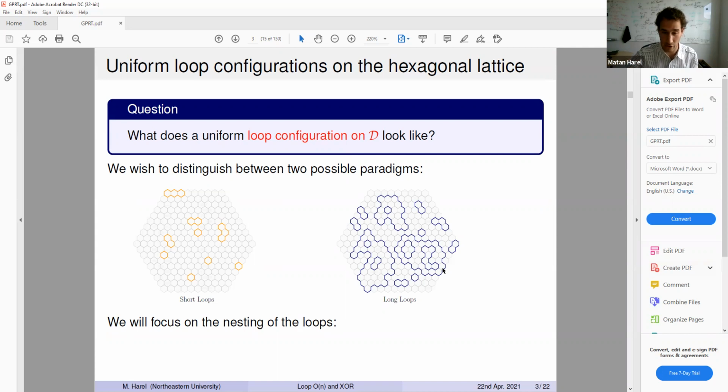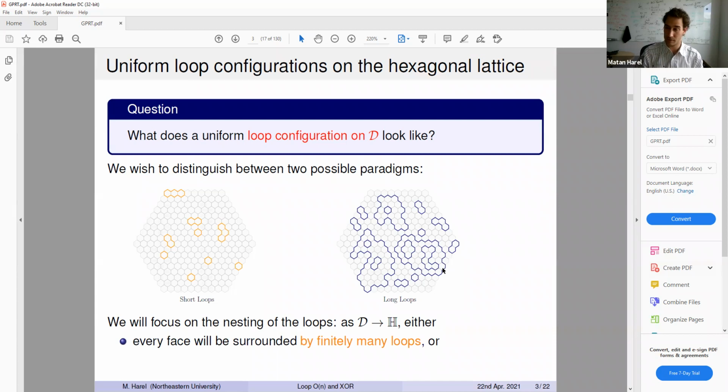If I make that domain larger and larger, and I look at a typical configuration, the number of loops that surround the typical face goes to infinity in long loops or stays down. So I'm going to say I have short loops if the probability that the number of loops is larger than any given k, in the infinite volume limit as the domain grows, stays bounded. Or alternatively, if every face is surrounded by infinitely many loops, I say I have long loops.